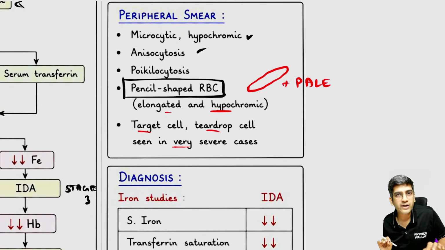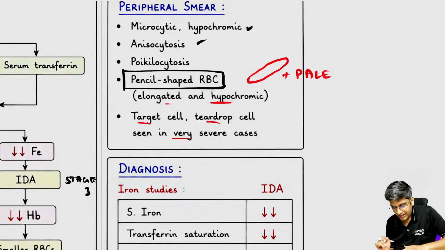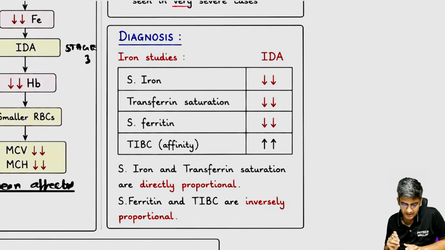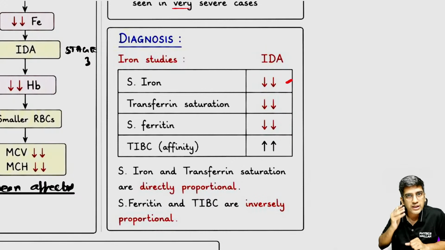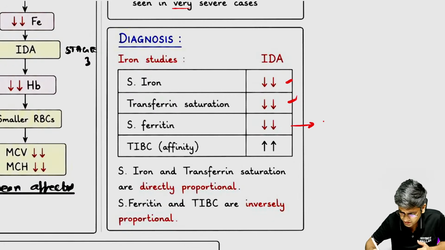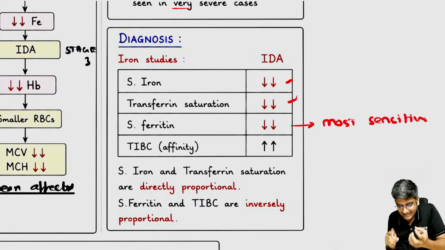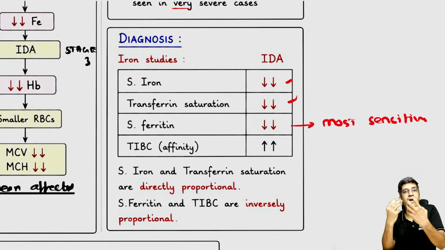So the moment I have microcytic RBCs, I won't call it IDA. I will call it microcytic anemia. Do one iron study, right? Iron will be reduced. The moment iron is reduced, there's no one to bind in transferrin. Transferrin will be reduced. Ferritin is the most sensitive test. You know that for a fact. That's the first one to change. That will be reduced. If storage is reduced, TIBC, the affinity to bind with iron, increases.